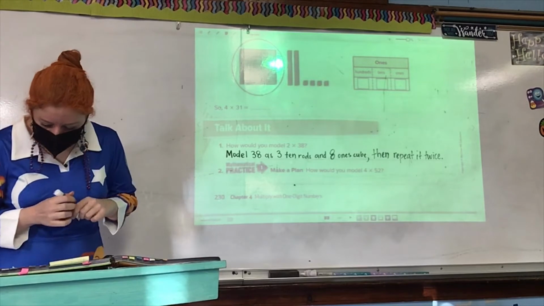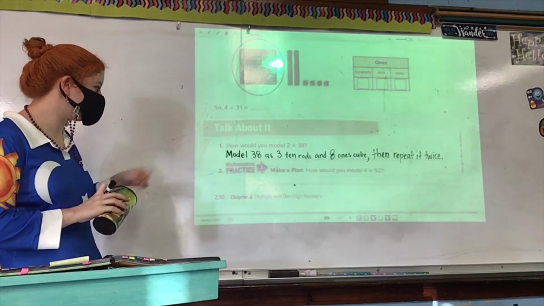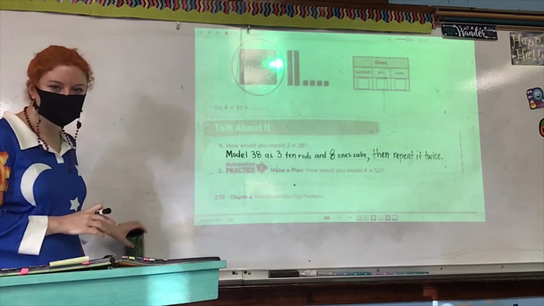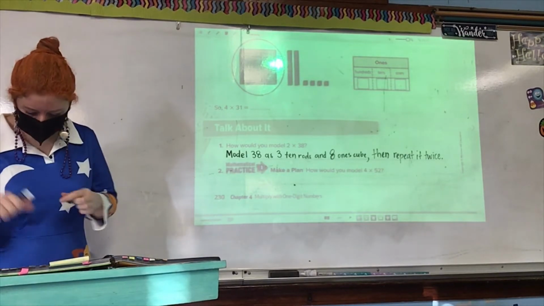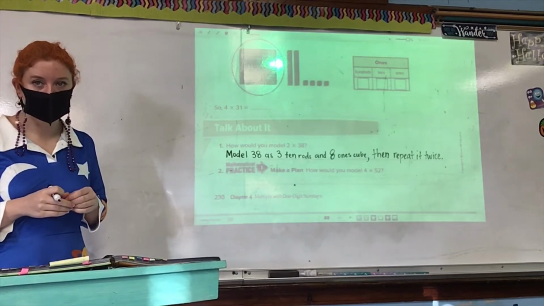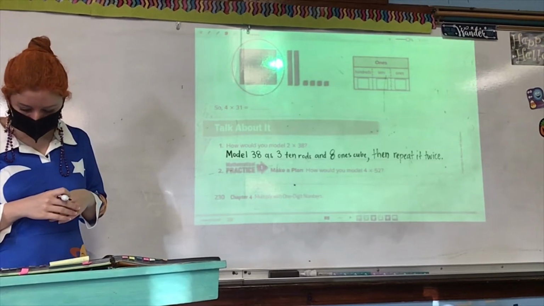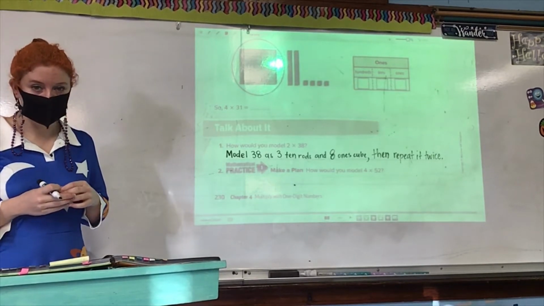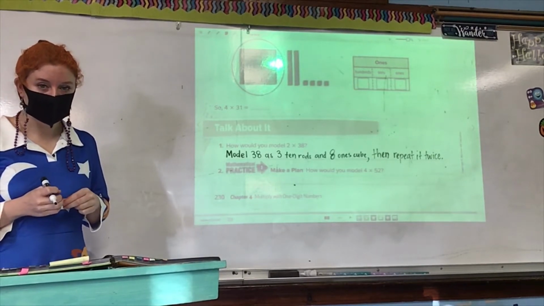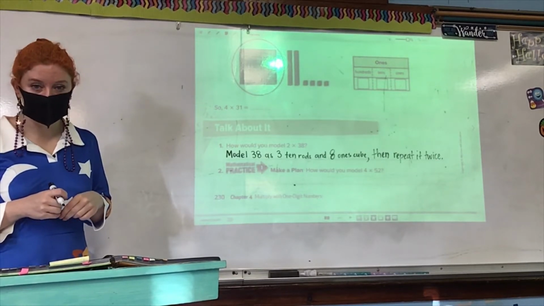Now number 2. How would you model 4 times 52? Zari. You would take the 52 and you would do 5 10 rods and 2 ones cubes and repeat it 4 times.